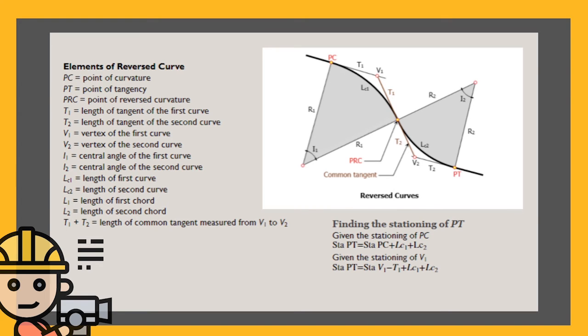The first is from the stationing of PC, where station PT equals station PC plus LC1 plus LC2. Then the second is from the stationing of V1, where station PT equals station V1 minus T1 plus LC1 plus LC2.